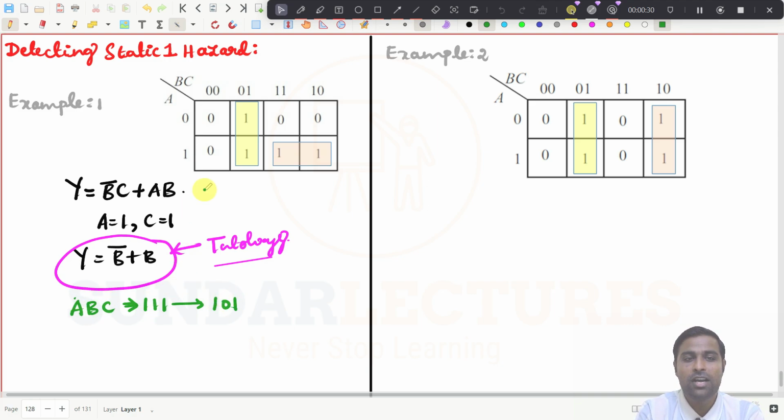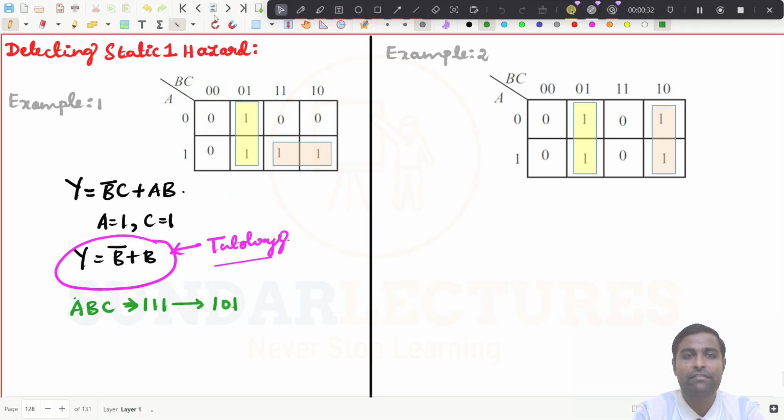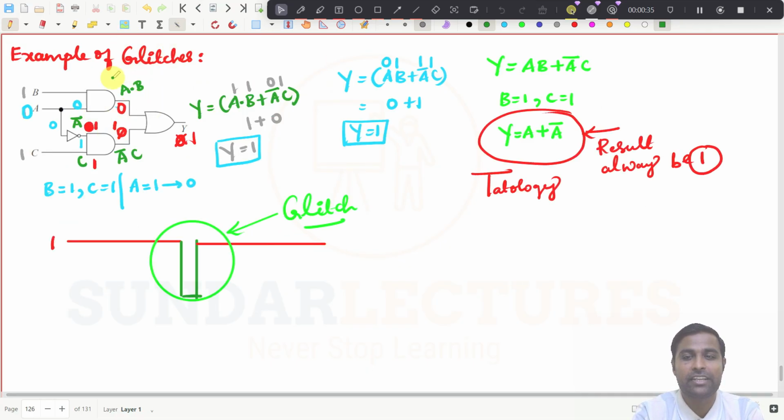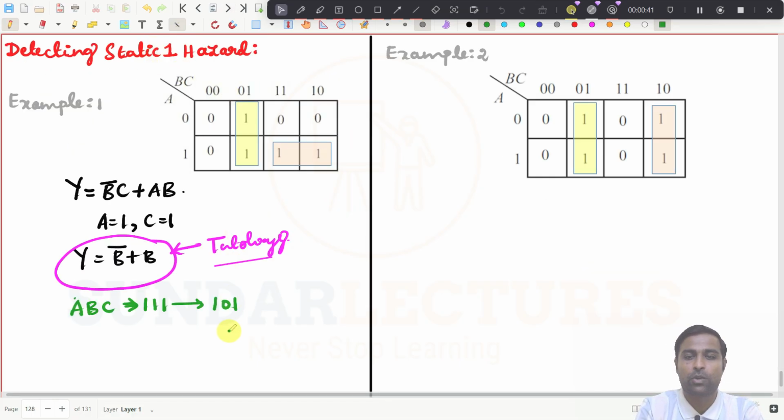And if it is so, you just draw the diagram like what I have drawn here in this example of glitch. You can easily get this idea, and you can find out the glitch will happen, and that glitch is here. It is static 1 hazard, right?